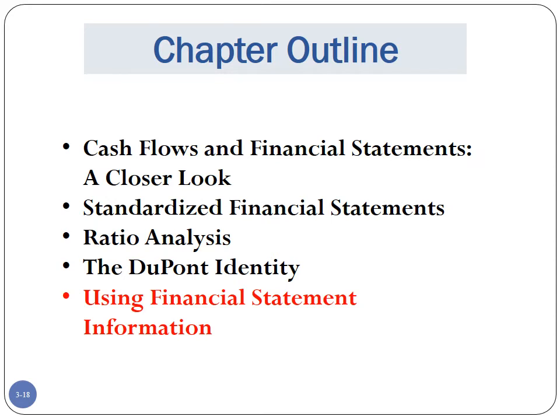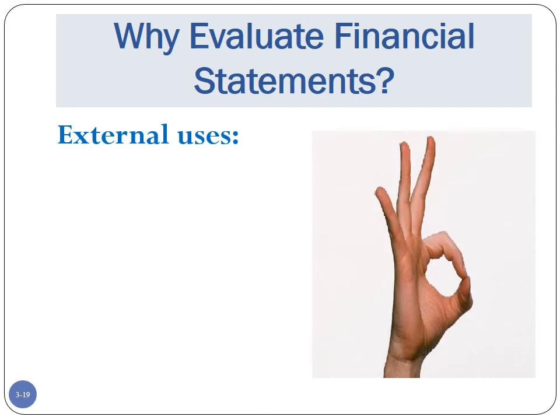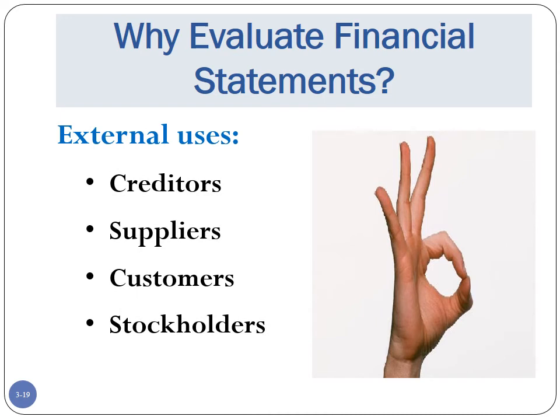Finally, the important part of this chapter is to understand how to use financial statement information. Why should we evaluate financial statements? Well, there's multiple external uses. Creditors look at the financial statements to assess the creditworthiness, and they can adjust the interest rates of loans based on the risk that they see an organization undertaking.